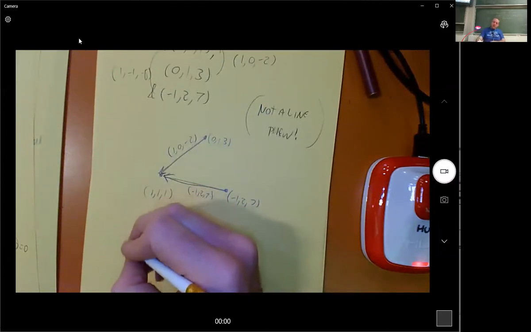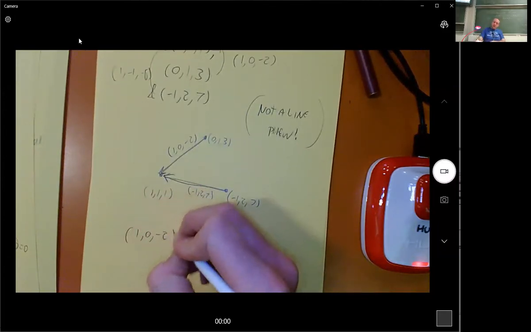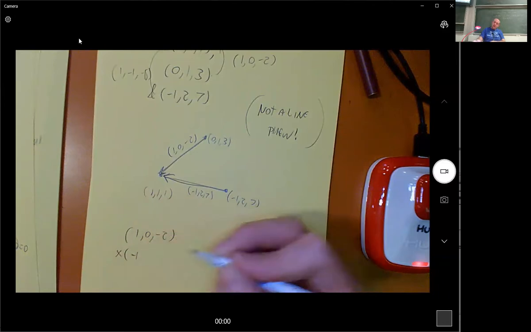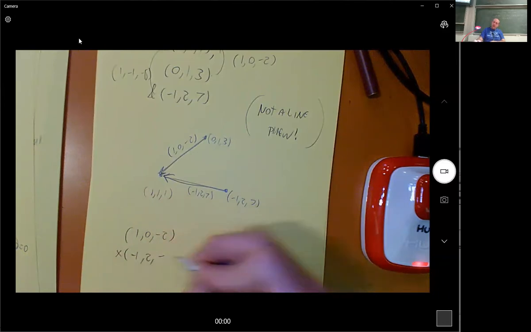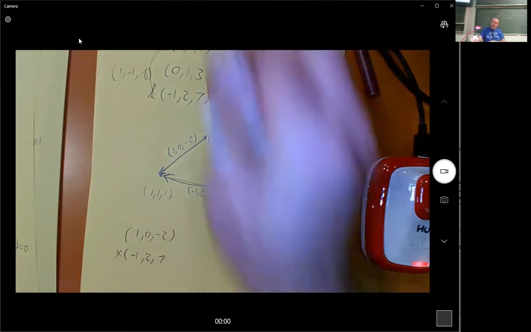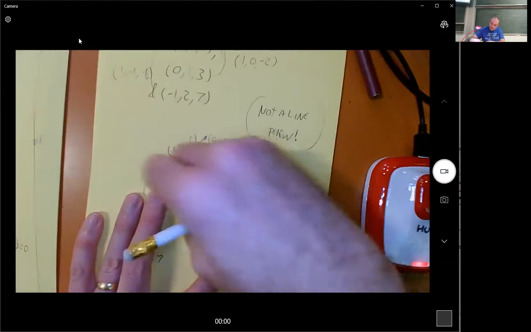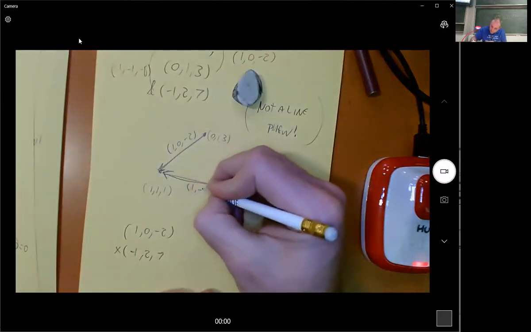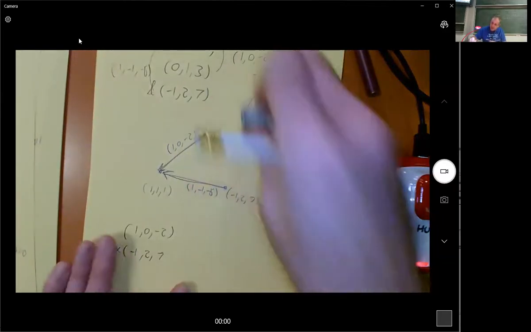So I'm going to say the cross product of 1, 0, minus 2 cross with minus 1, 2, 7. No, damn it, that's the wrong vector. It's this vector, 1, minus 1, minus 6. Sorry about that.